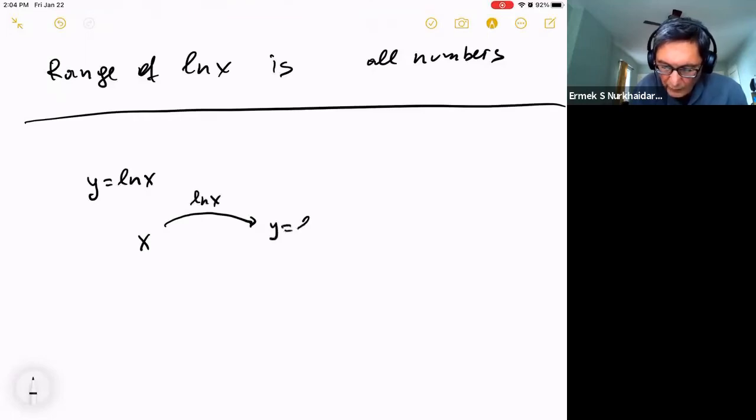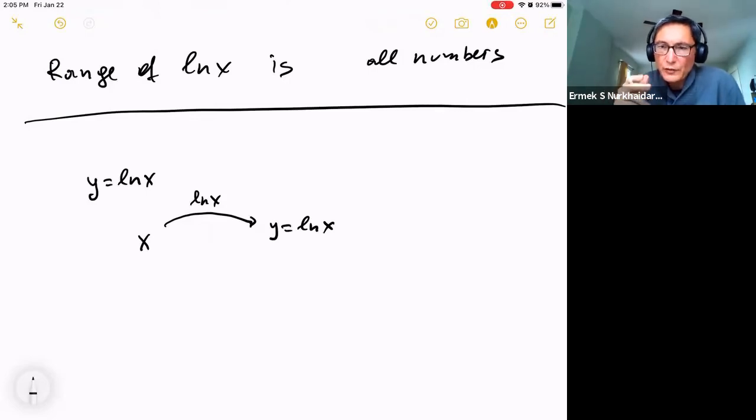So it takes input x, calculates output ln, and that's what it is. Now, the exponential function e to the x is the inverse of natural log.